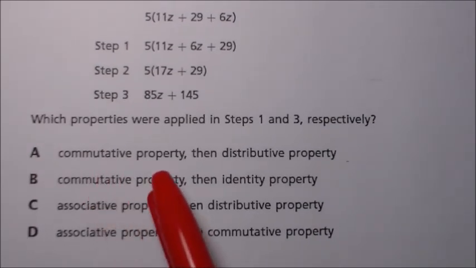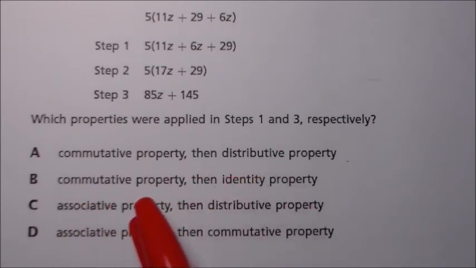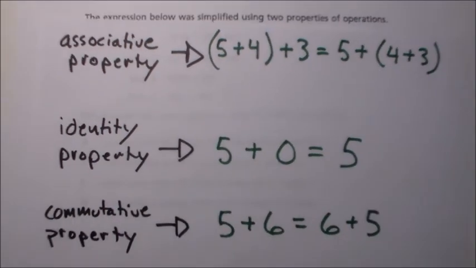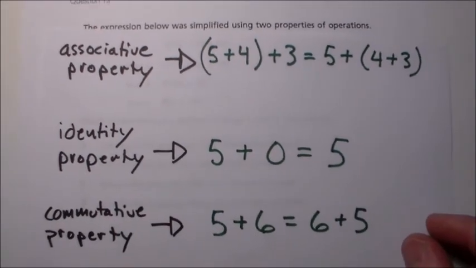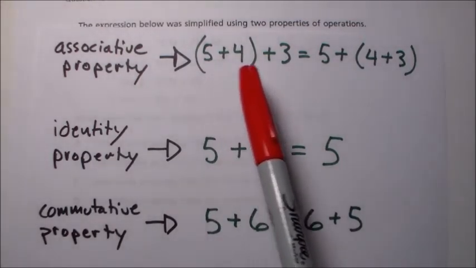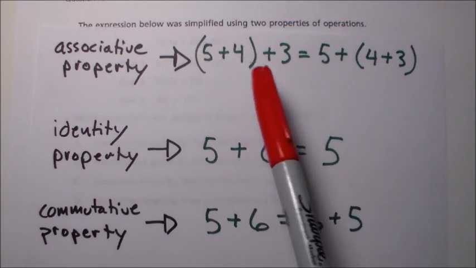And we have commutative property, then distributive property; commutative property, then identity property; associative property, then distributive property; and associative property, then commutative property. We have to remind ourselves what we mean by these properties. If you had forgotten, here's a little note. Associative property means that for addition, you can group numbers differently.